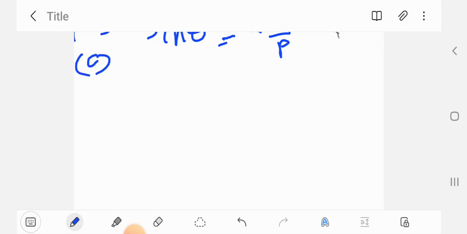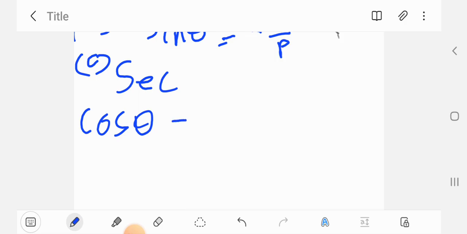All right, so when you have sec, guys, you are given sec like that. Sec comes from cos theta, and cos theta is adjacent over hypotenuse.